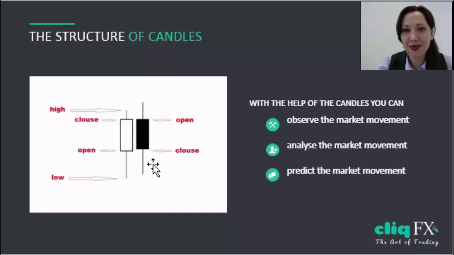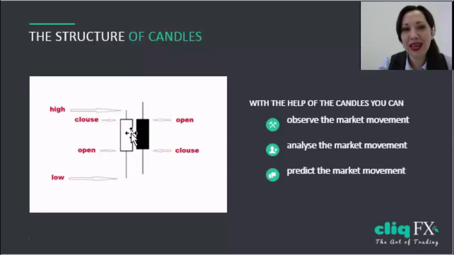The real body shows us the prevailing tendency while the candle was formed: if it was supply or demand, if there were more buyers or more sellers, more bulls or more bears. Candles depict the struggle between bulls and bears in the market. Who has won? Who was the winner, who took the prize?